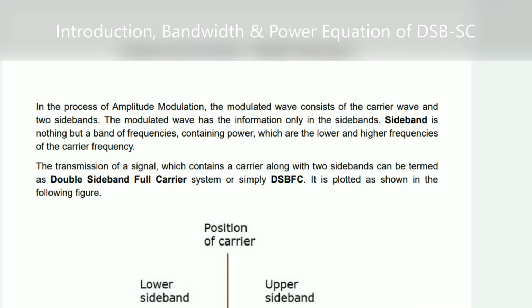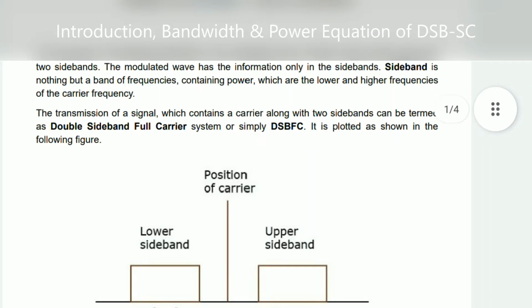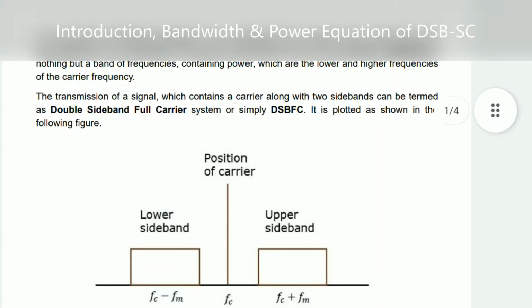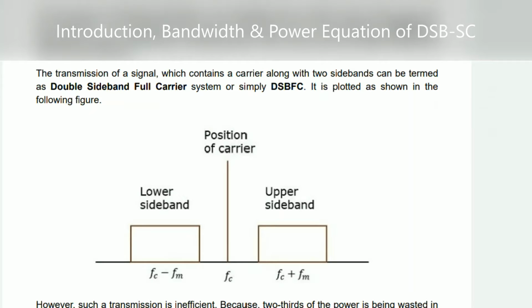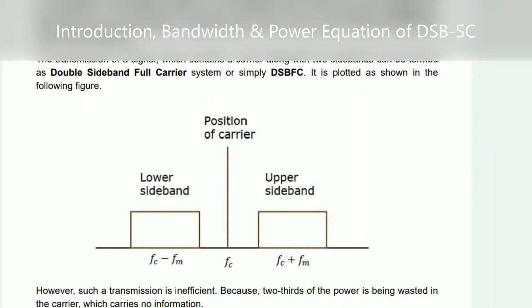From this presentation we can see a figure. In this figure we have a double sideband full carrier, or we can call it double sideband transmitted carrier. Here there are three components. On the left side we have the lower sideband, on the right side the upper sideband, and the middle portion is the carrier component.